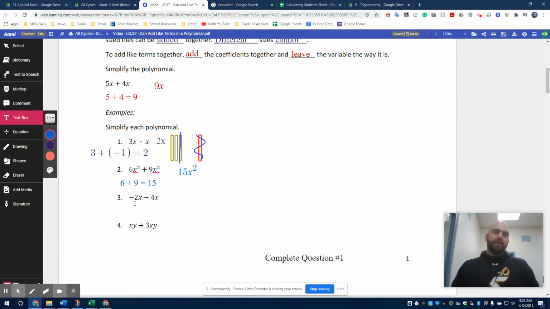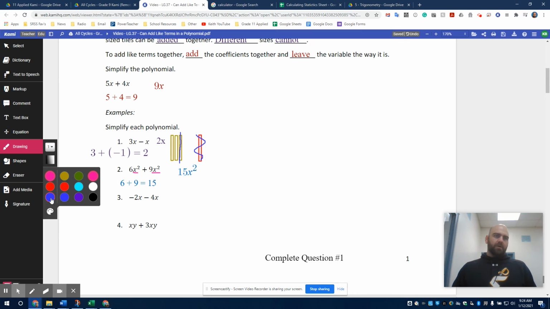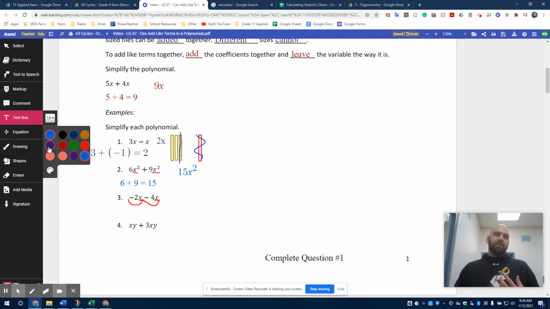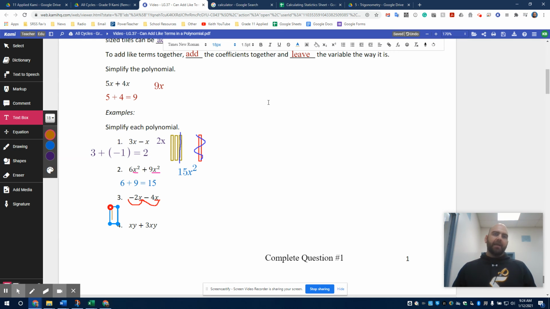Okay, next one here. We have negative 2x and negative 4x. Think of it again, and I want to reiterate this over and over again. We have two terms, a negative 2x and a negative 4x, but they have the same variable. They both have an x variable. So for that reason, we can add them together, or we can put them together. If you want to think of putting them together more than adding, you can do that.